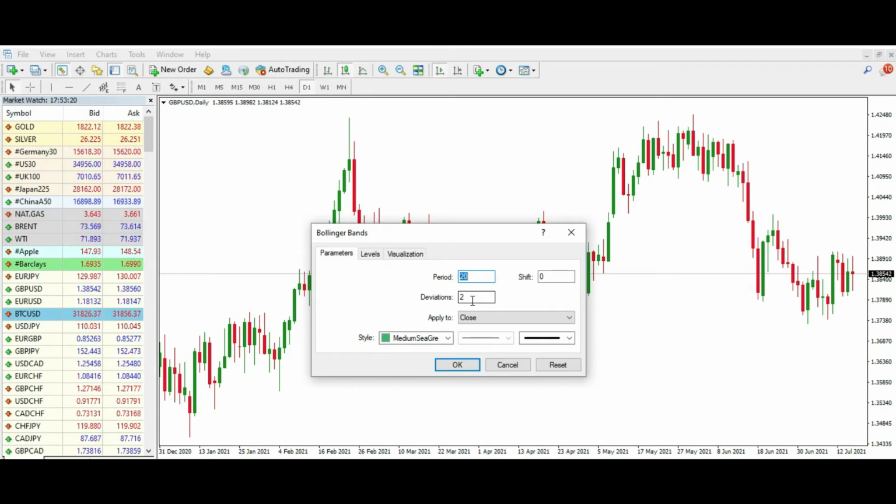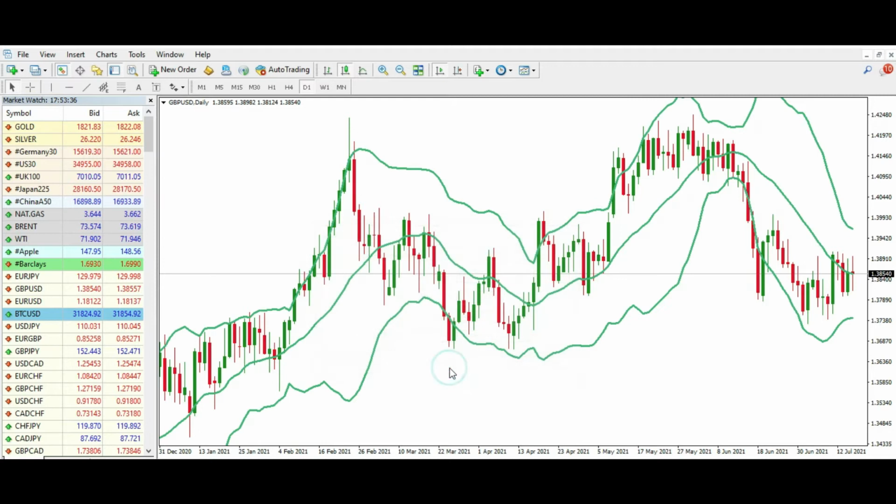And period is the period of time that you want to watch. If on your daily chart you have 20, it means 20 days. Right now, these are the standard settings for Bollinger Bands: 20 period, deviation 2. Okay, and right now you have a Bollinger Band.